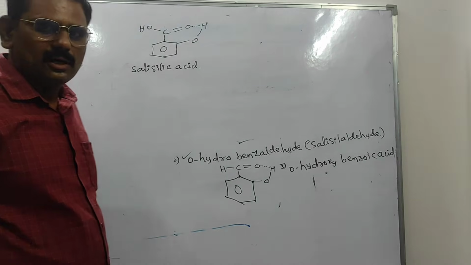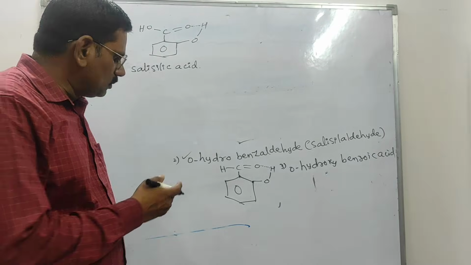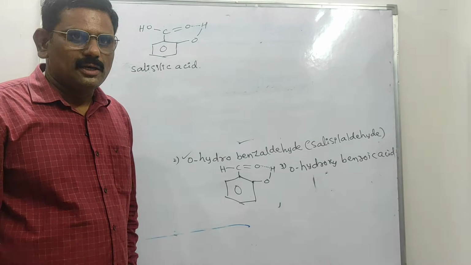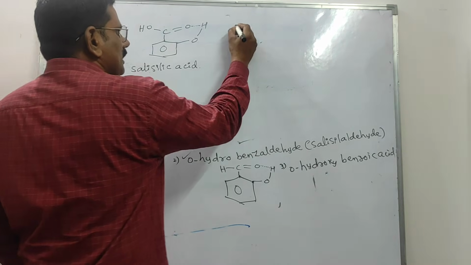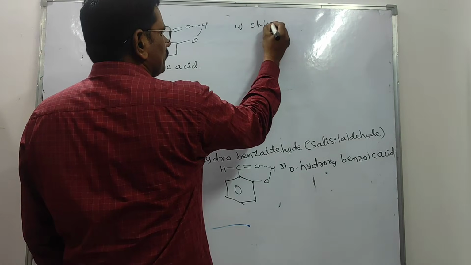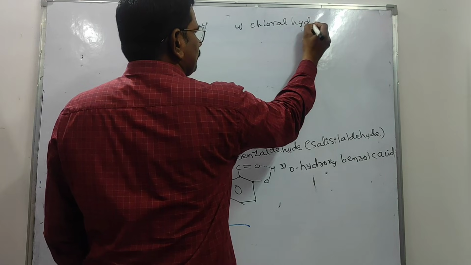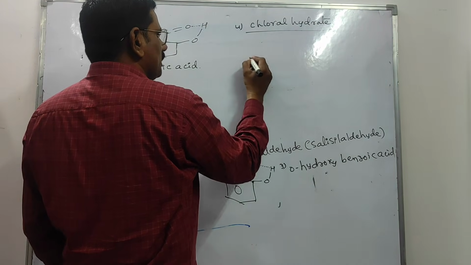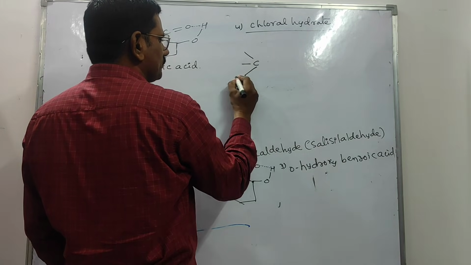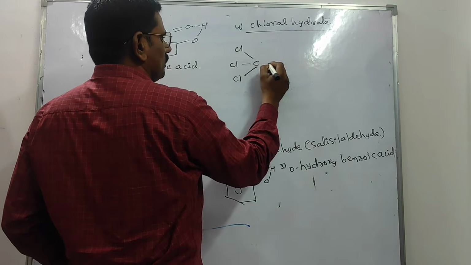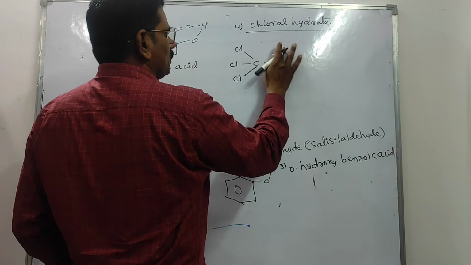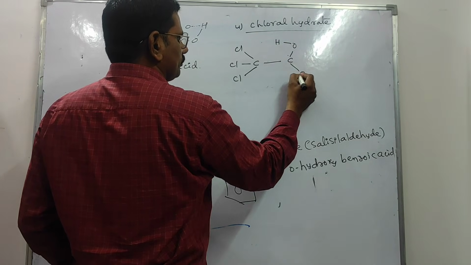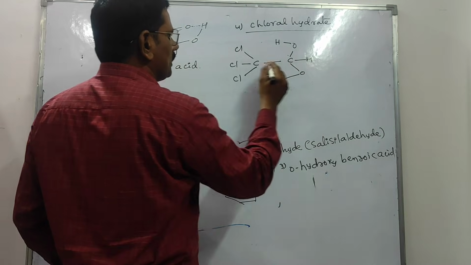Other examples are orthonitrophenol, orthohydroxybenzaldehyde, orthohydroxybenzoic acid, and chloral hydrate. This is the structure of chloral hydrate.